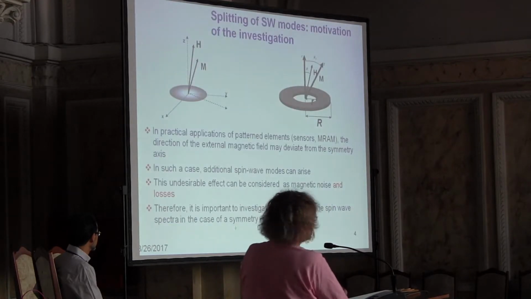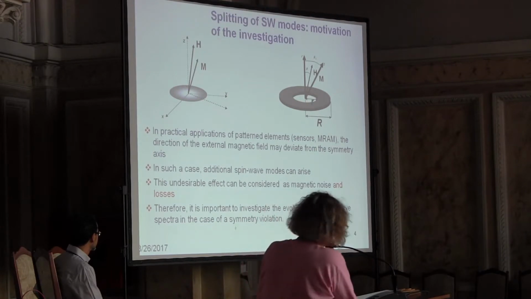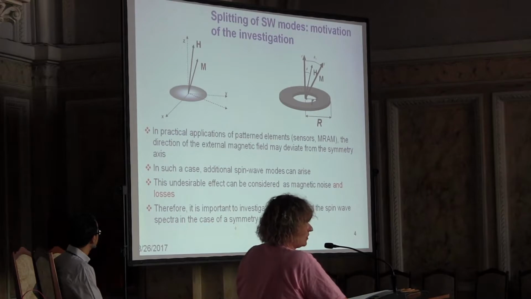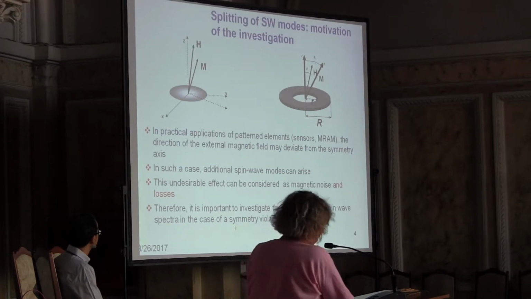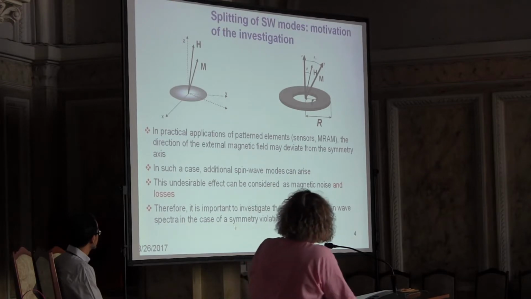Okay, why does splitting of spin wave modes exist and why is it interesting to investigate? Splitting is actually a common feature of systems where some kind of symmetry is violated and the modes in the symmetrical case are degenerated.